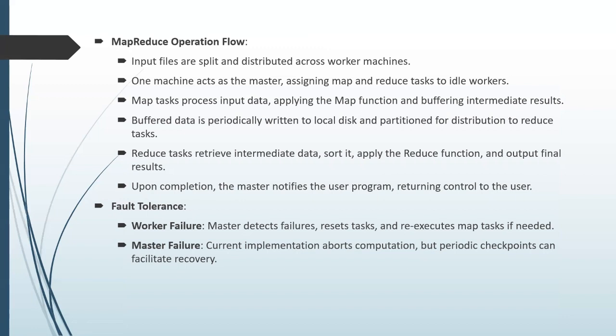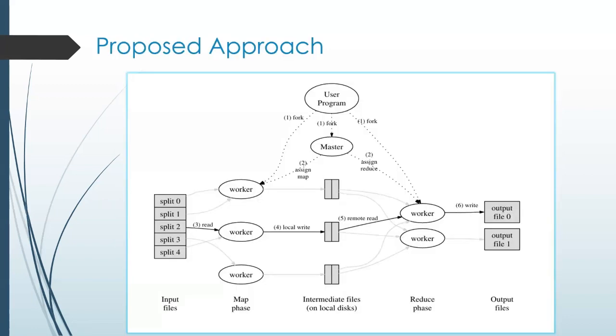So what if the master failure occurs? It is easy to make periodic checkpoints of the master data structures that we discussed. If the master task dies, a new copy can be started from the last checkpointed state. As there is only one master, this situation is most unlikely to occur.